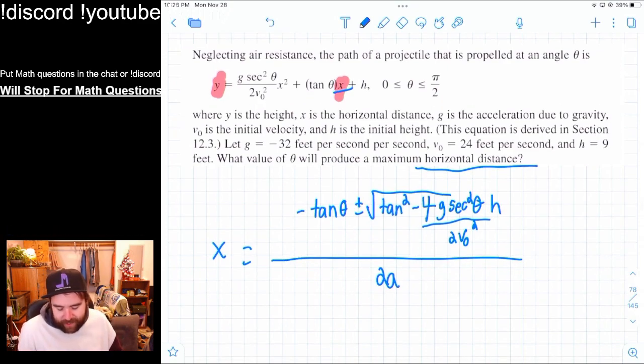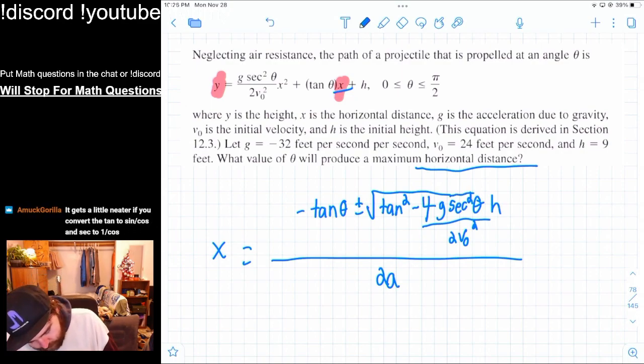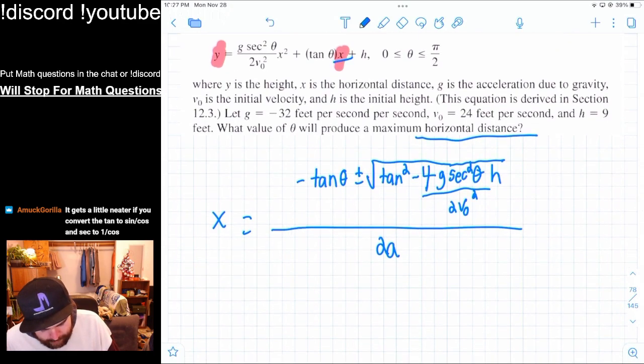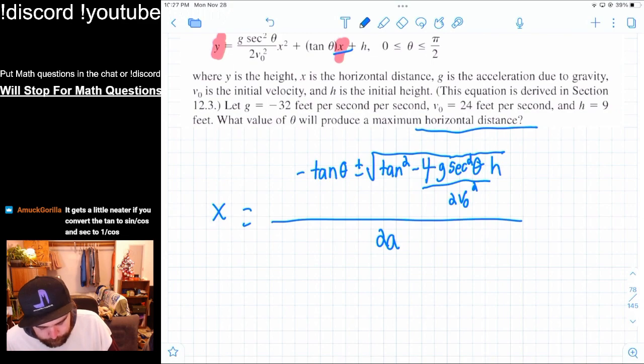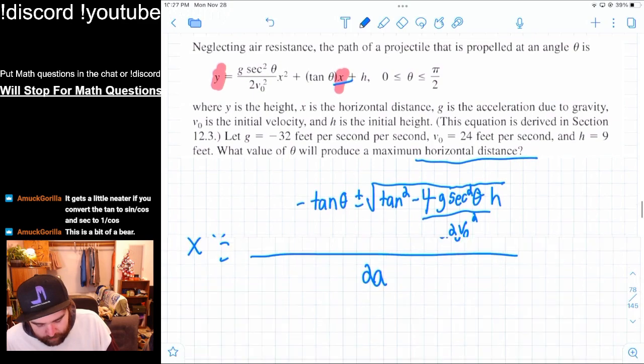But it equals y. It doesn't equal 0. Oh my gosh, I can't believe I'm having so much trouble with this problem. So to get it to be 0, I'd have to subtract y from both sides.